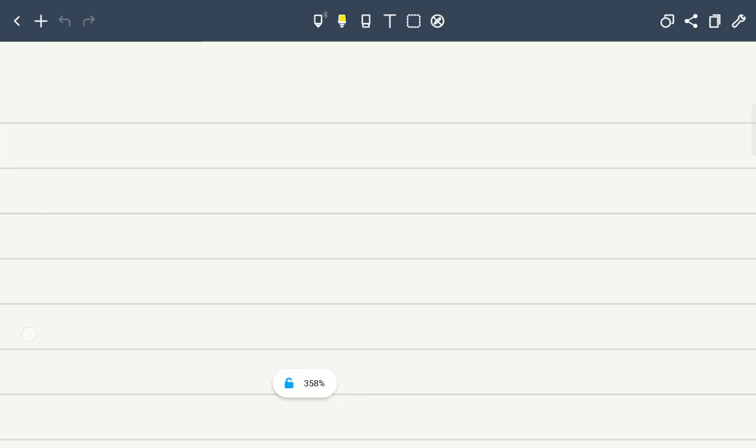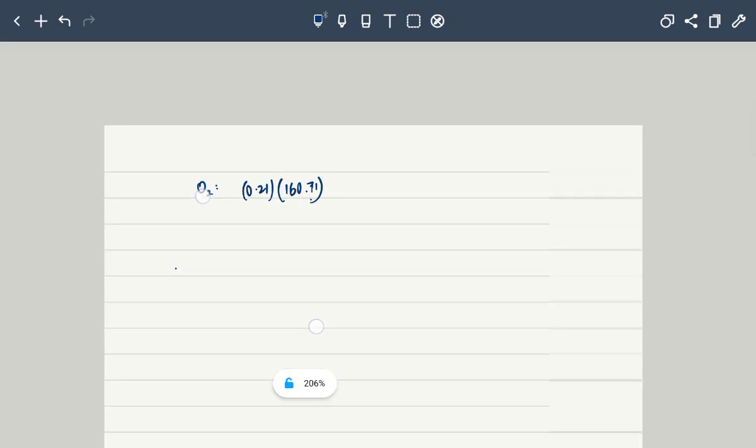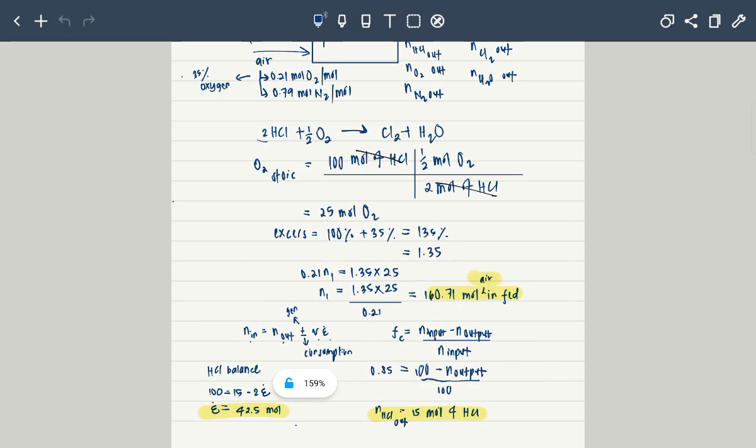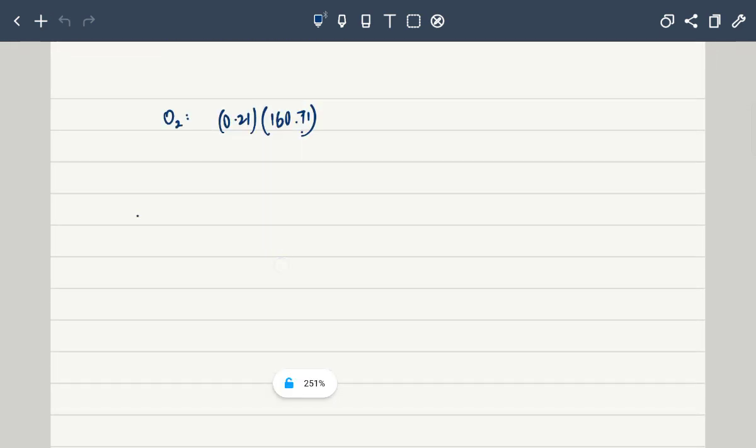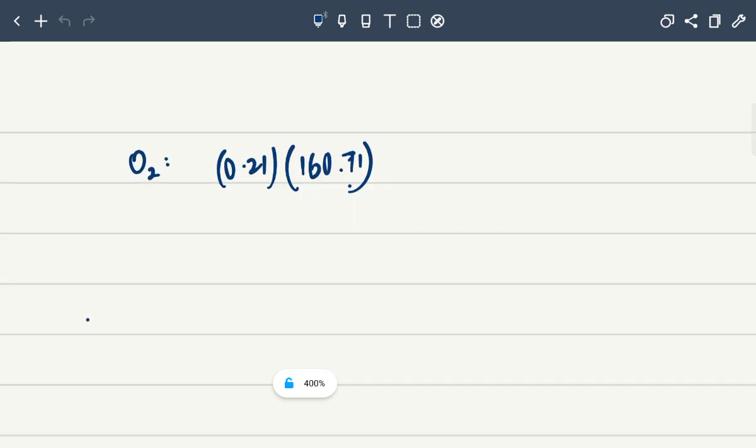Okay, so O2 pula. N in is 0.21 times by 160.71. Mana dapat tu? Dapat sini, satu dekat sini, satu dekat sini. Sebab dia kan macam kau belajar lah, x O2 times by N1.